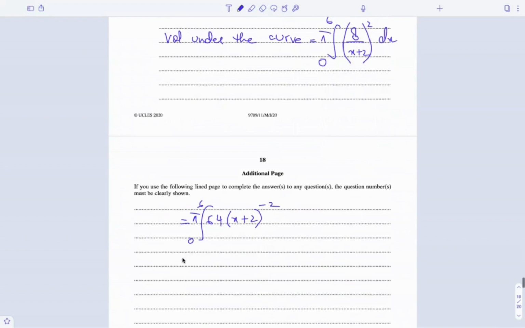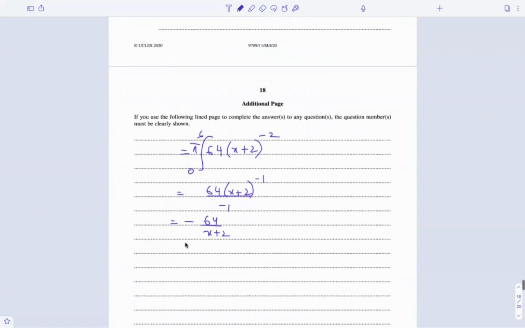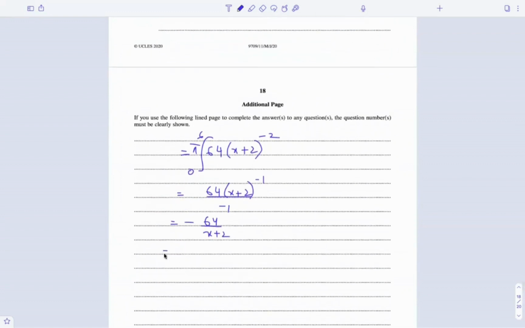Integrating this, we get 64 into x plus 2 to the power minus 1 divided by minus 1, so we have minus 64 upon x plus 2. Substituting the upper limit 6, we get minus 64 upon 6 plus 2, which is 8.